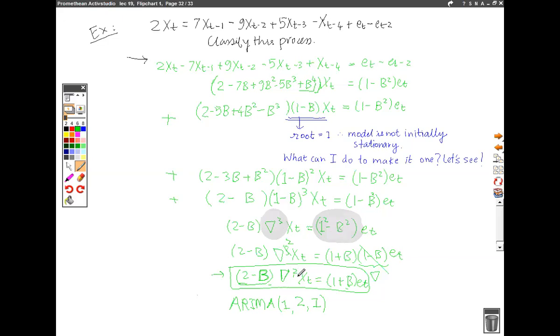So now you only have 2 here. So the number of times you in effect will have to integrate it is 2 times. So this is what the classification answer will be for the x_t process here.